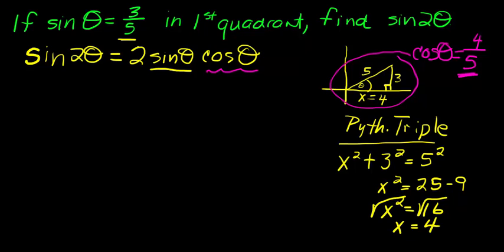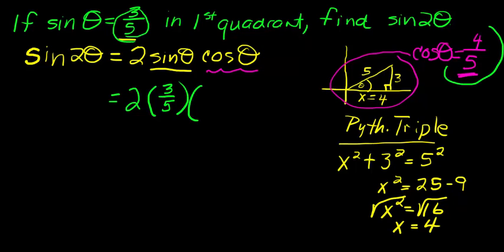As we go to solve this, we're going to say sine of 2 theta equals 2, and we said sine of theta was this 3/5, and cosine of theta was our 4/5. Since they are both in the first quadrant, we know both of those would have positive values, and then we multiply.